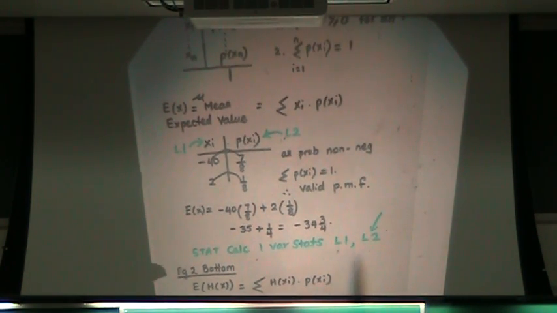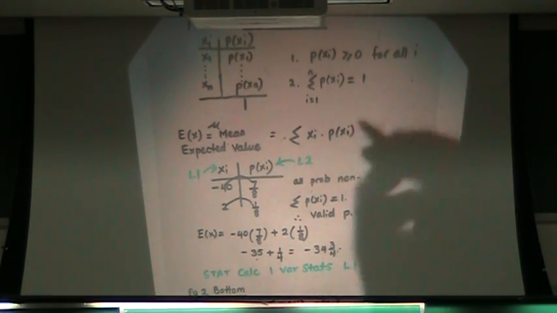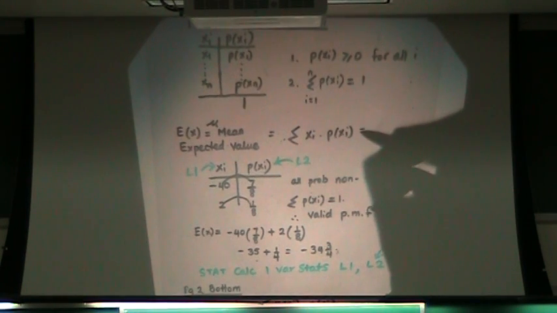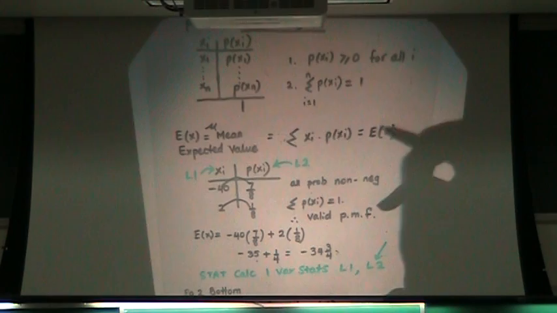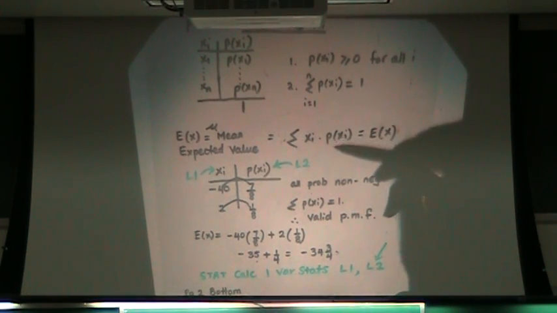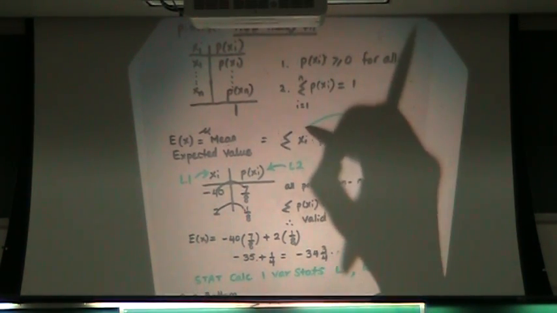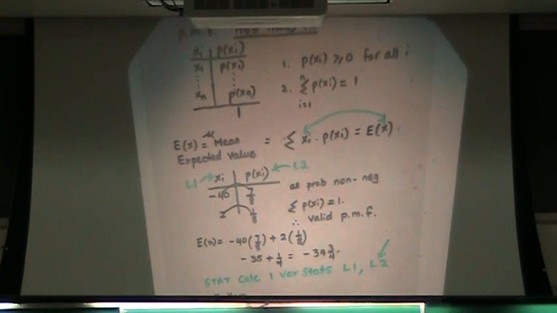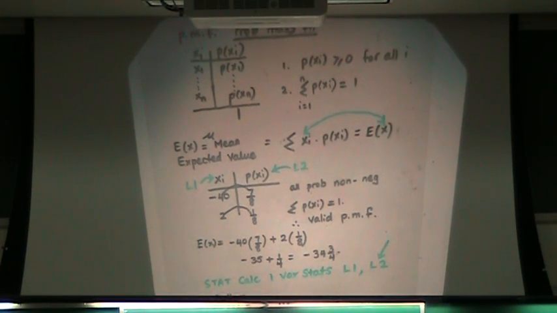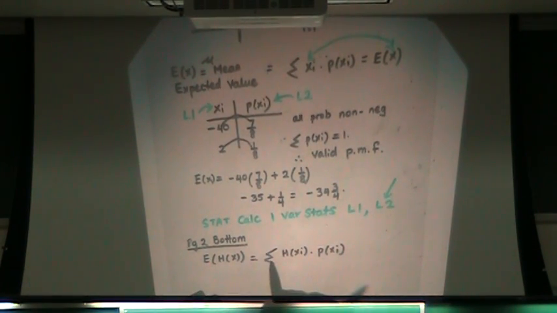I just want you to stare at this formula for a second. Look at this. When I was looking for E of X, I did summation Xi P of Xi. So this and this have to match up. That's all. When you're looking for the expectation of X, it's summation Xi P of Xi. When you're looking for the E of H of X, it's summation H of Xi P of Xi.